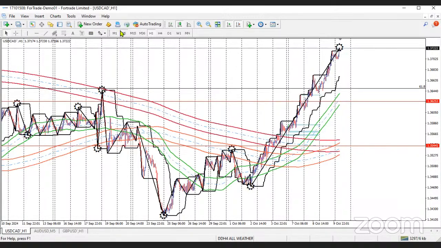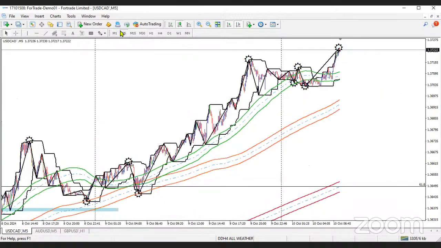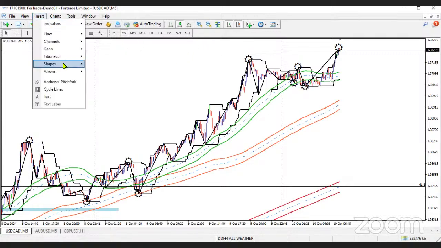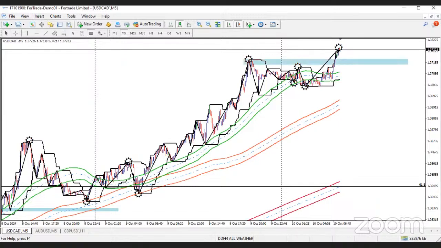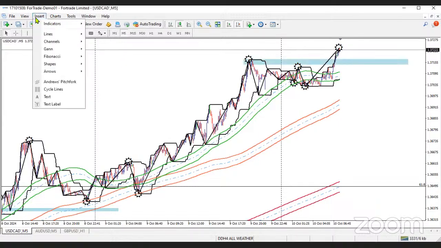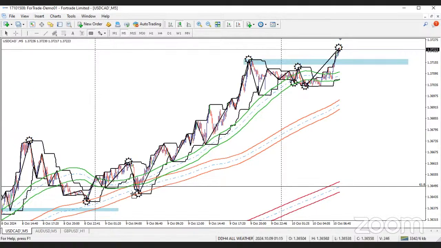So on the M5 time frame, what am I going to be doing on this particular time frame? I'm going to be marking out even more specific points of interest that I see price retracing into. Okay, so as usual, like I always do, I'm going to be marking out my point of interest one, which is now yesterday's high right here, and then mark out the second point of interest, which now happens to be yesterday's low, which is all the way down here.